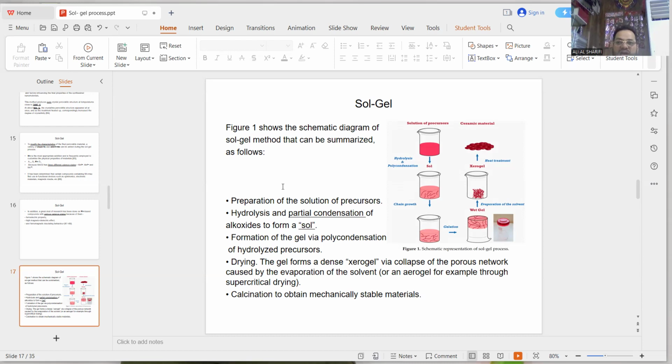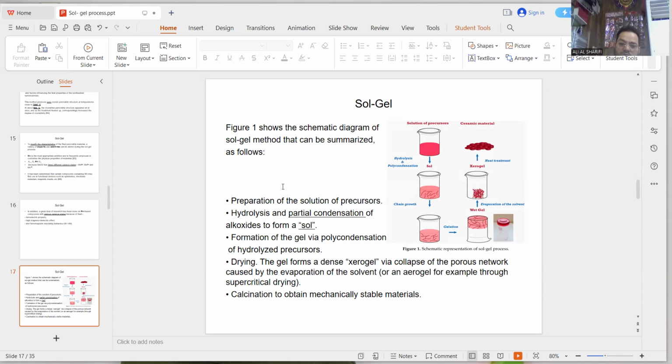Actually, I use drying by increasing the temperature, but you can dry the product by using freezing or supercritical drying. It's another process to dry your product, but I used drying by increasing the temperature to achieve xerogel, not another phase, not another compound.